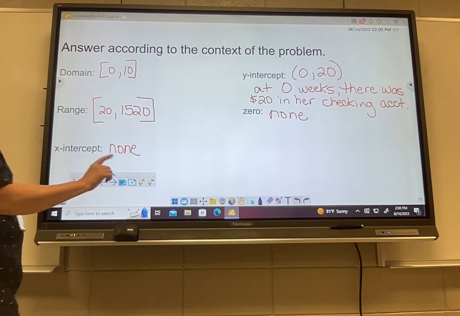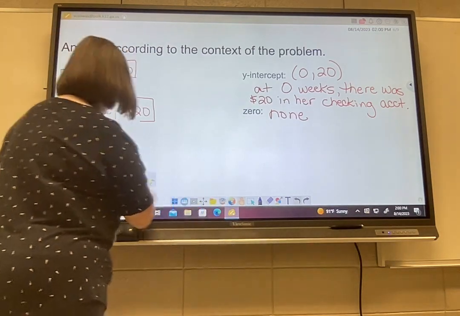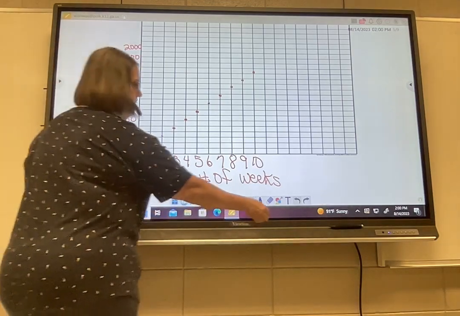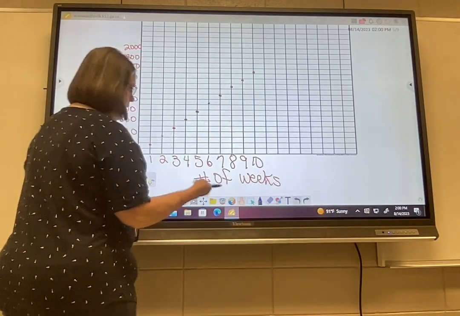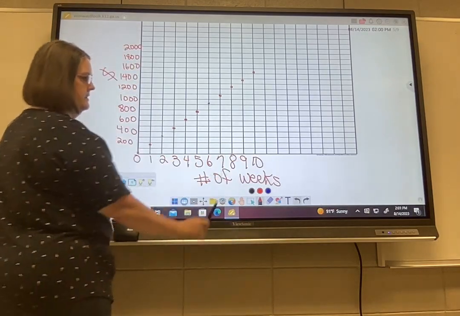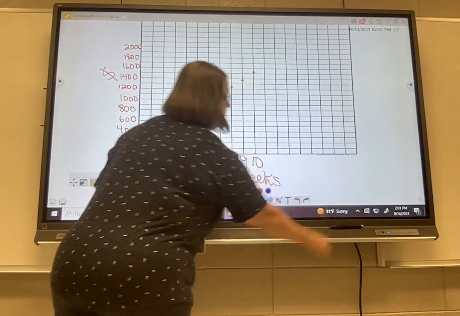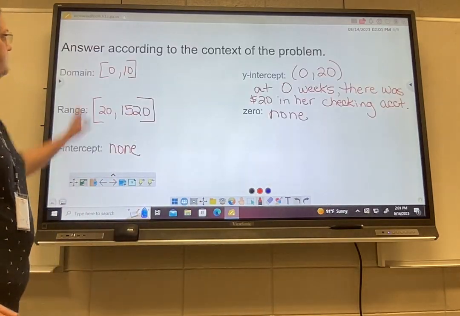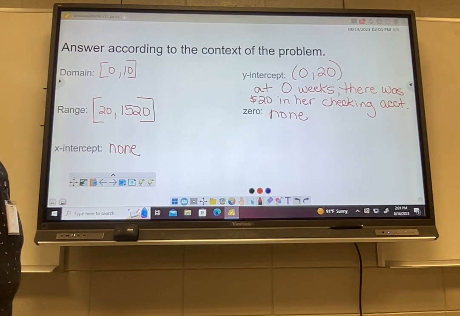So the domain is all possible x values, remember. So if I go back and I look, my x values go all the way from 0 weeks to 10 weeks, because the question asks you how much money would she have at the end of 10 weeks. So we made our domain 0 to 10, and we put brackets because 0 is part of it, and so is 10.